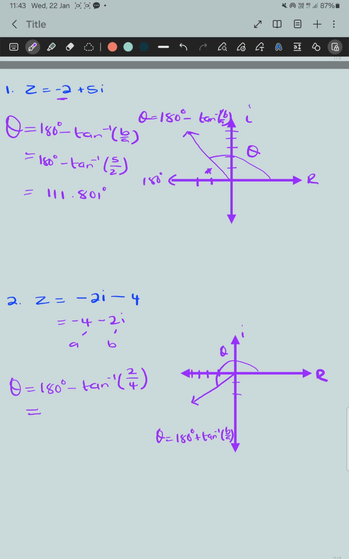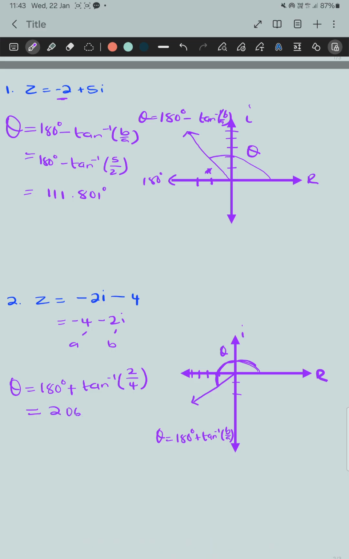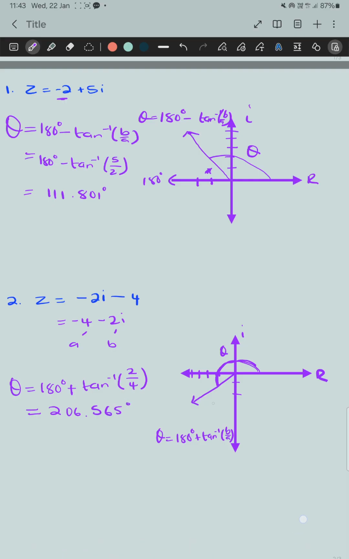It's 180 plus arctan 2 over 4. That gives me 206.565 degrees. Again, it makes sense because the angle is between 180 and 270. So 206 makes perfect sense.